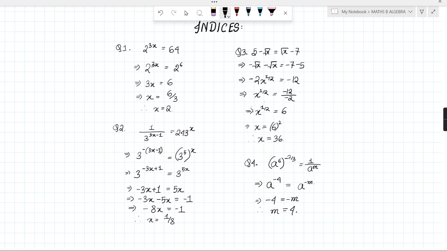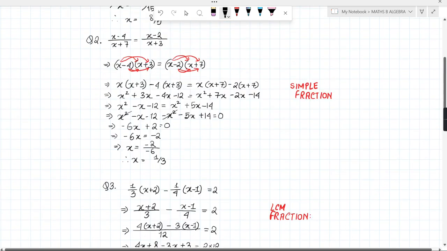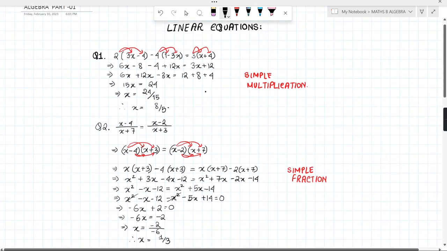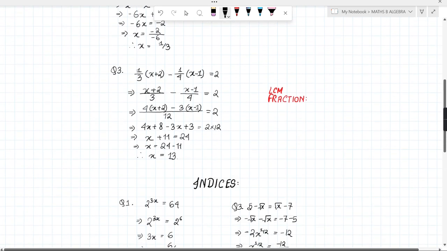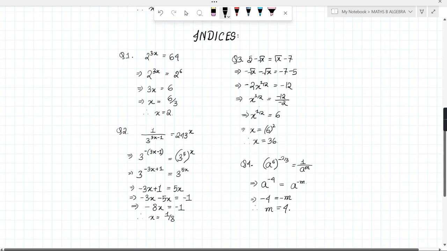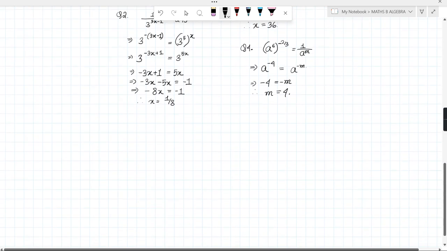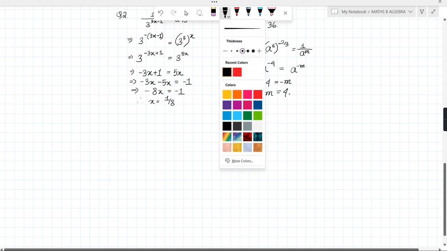So we are done with the two topics for algebra, that is linear equations from the start here, and now indices. So we are now going to move on to simultaneous equations. Simultaneous equations are mainly maths that involve two equations that have multiple alphabets in them.